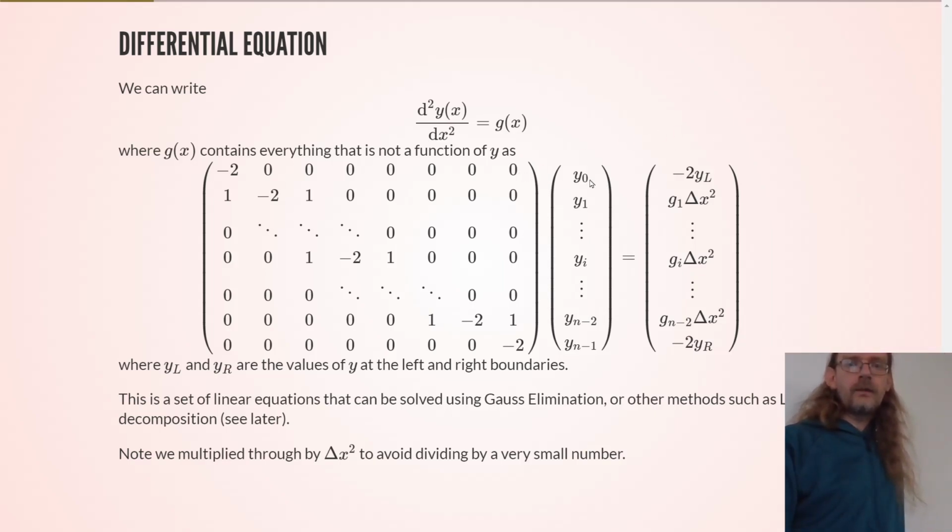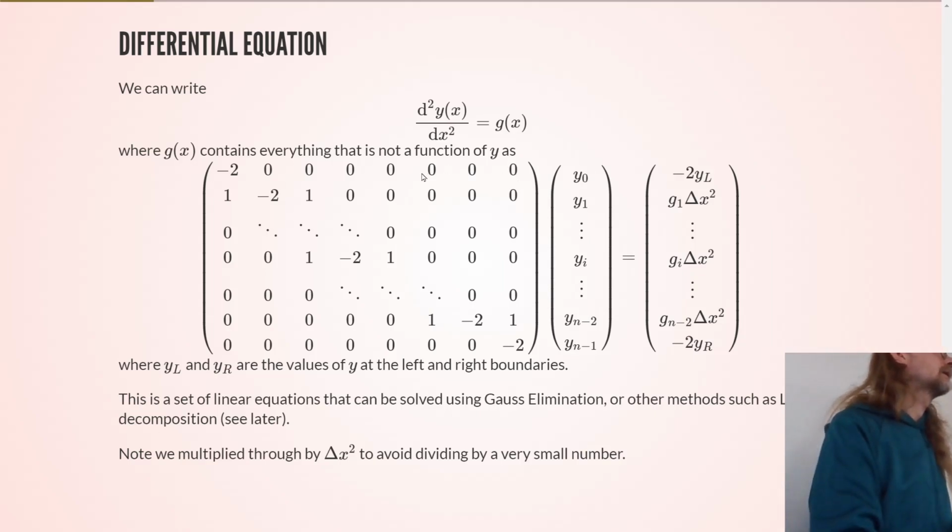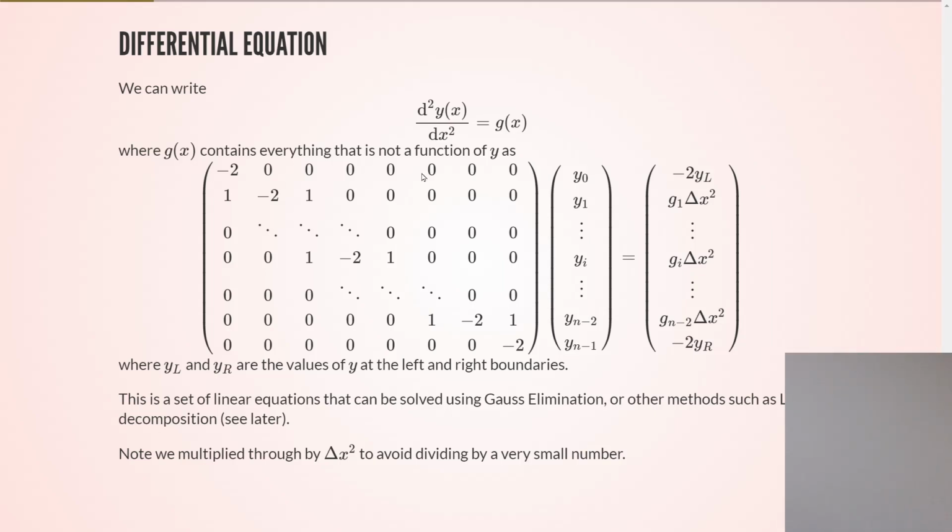And apart from the top and bottom rows, we know how to do this. We know how to set up a matrix, or pretty much how to set up a matrix. So it's an n by n matrix, where n is the number of data points, the number of points we've cut our x-axis into.